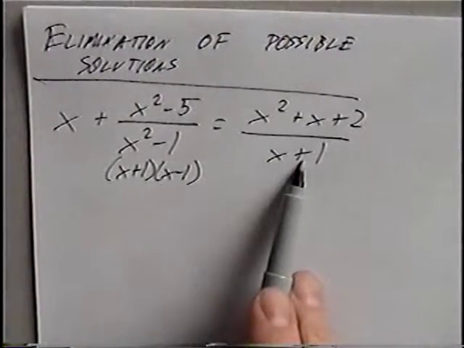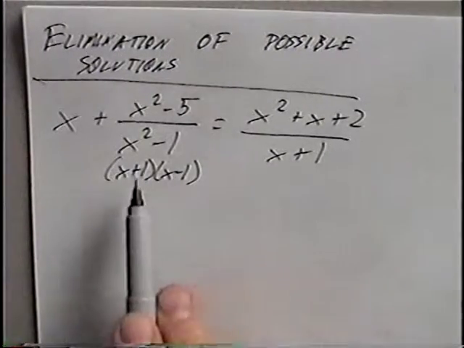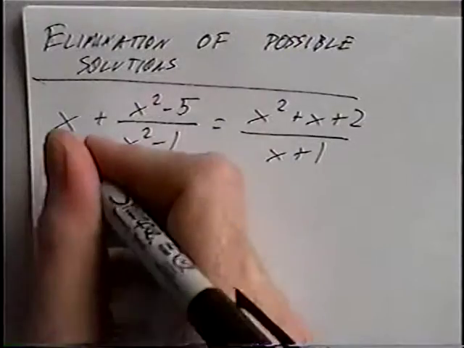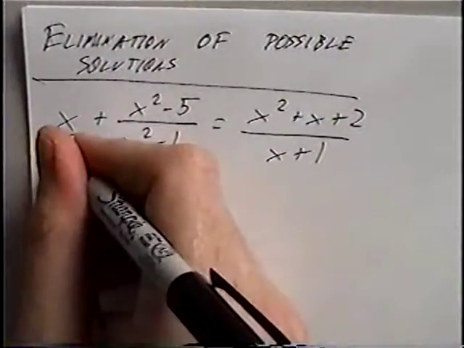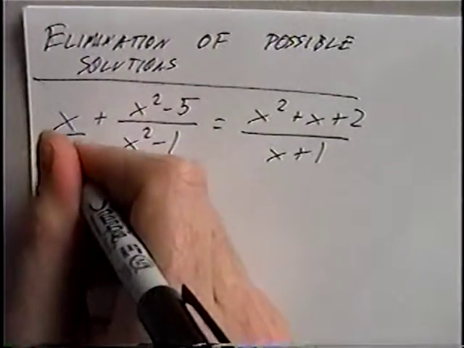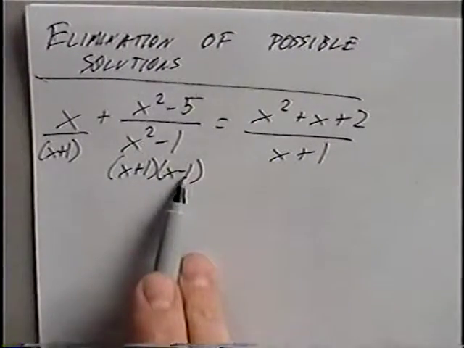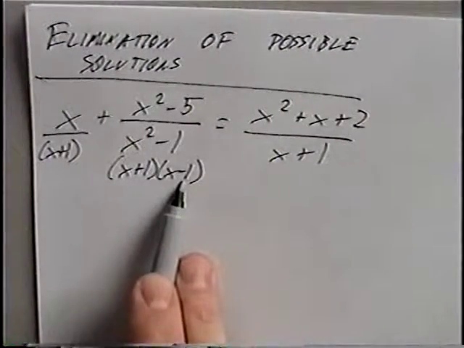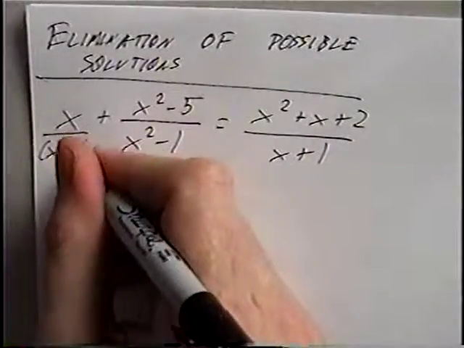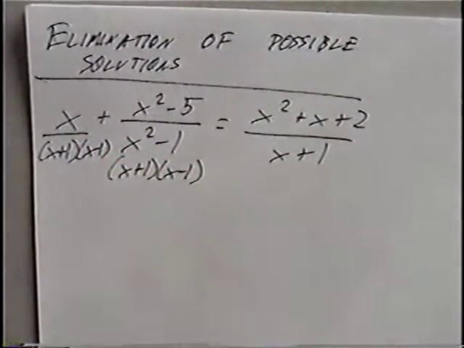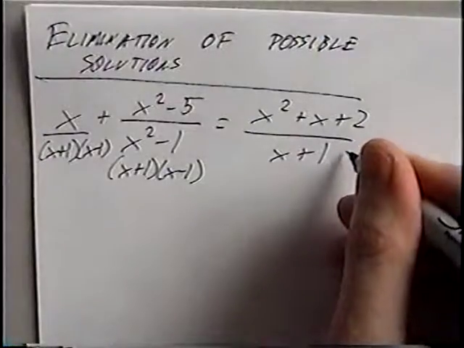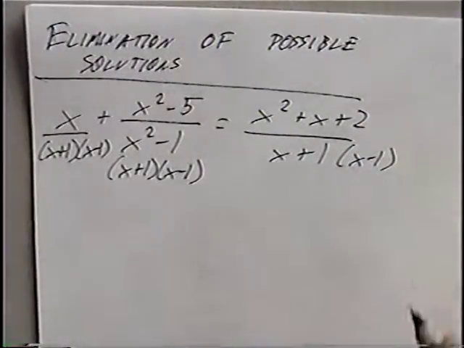So in this case, these two fractions have x plus 1, which means this first term, x, also has to have an x plus 1. The second fraction also has an x minus 1 in the denominator, so this first fraction has to have x minus 1, and the second fraction has to have x minus 1.